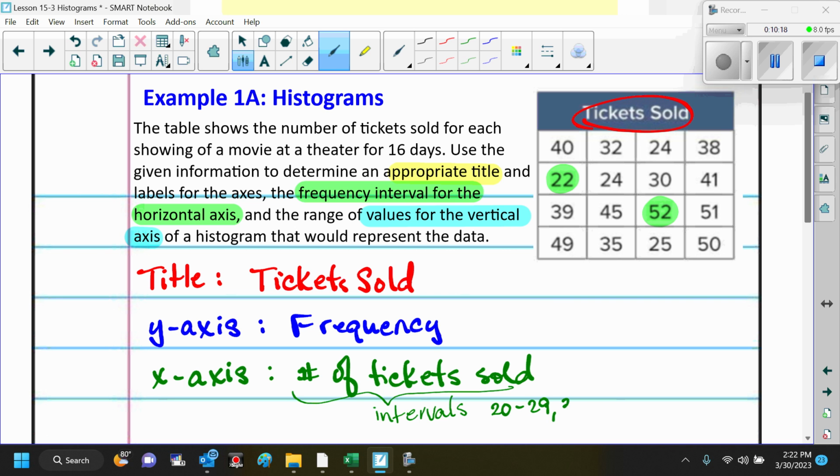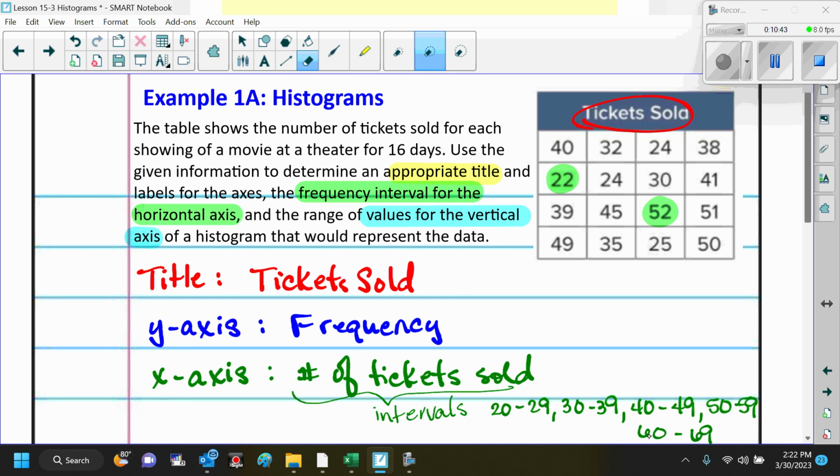Then we can have 30 to 39. There's all of the 30s. 40 to 49. 50 to 59. And 60 to 69. Okay, actually, we don't even need that one because the highest number is 52, right? So we've got 50 to 59, and that's all we need right there. So that's how we can determine what our intervals will be.